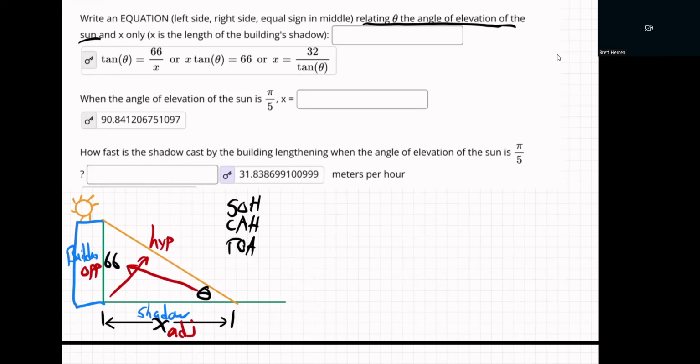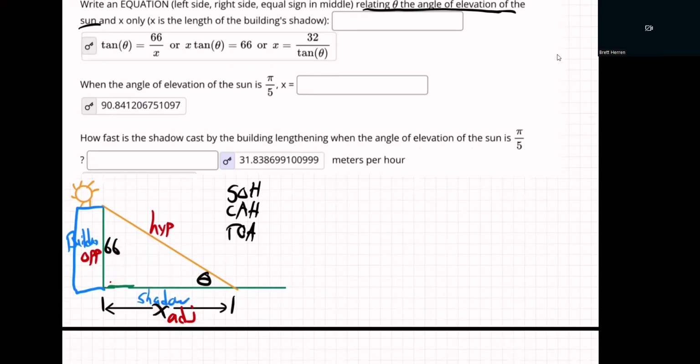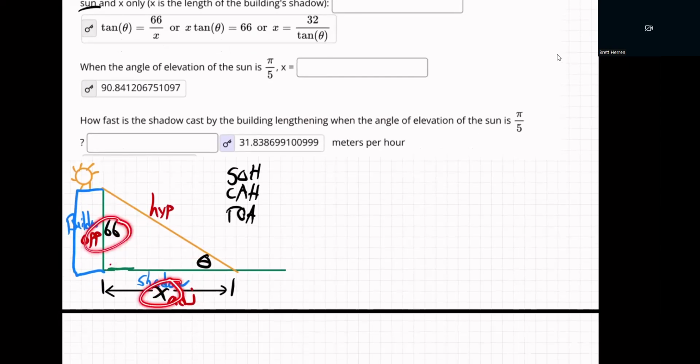Remember all that stuff? Let me get rid of these from the middle so it's not confusing our picture too badly. So, yeah, ground back in there. So this is the opposite side. This is the hypotenuse across from the right angle. This must be the adjacent. So we have an x and a 66, which are adjacent and opposite. Which trig function uses adjacent and opposite?